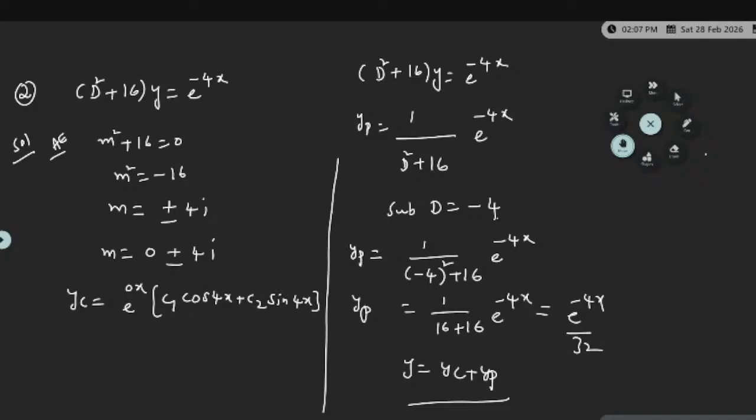Here we have two roots, one positive, another one negative. Two constants, C1 and C2: C1 cos 4x, C2 sin 4x.